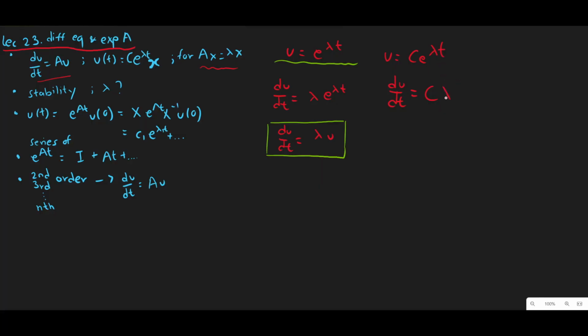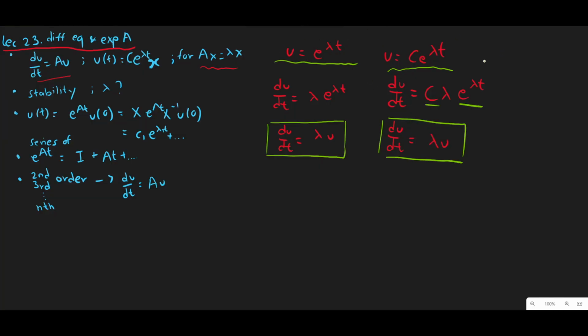Only this part has t, so I just pull the power down, and again I have c and e to the power of lambda t, and I can rewrite this as lambda u. So although I start with a slightly different formula, this is just a constant, so it doesn't matter. We always end up with du over dt equals lambda u.